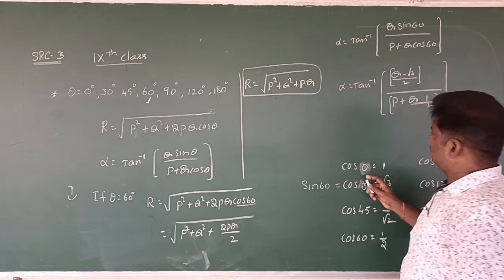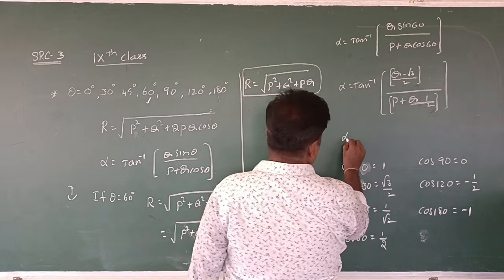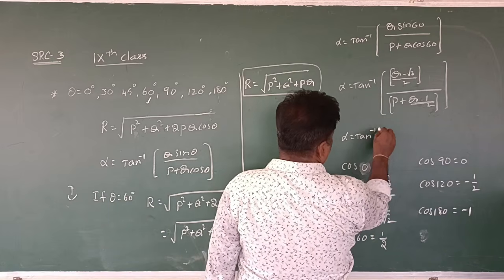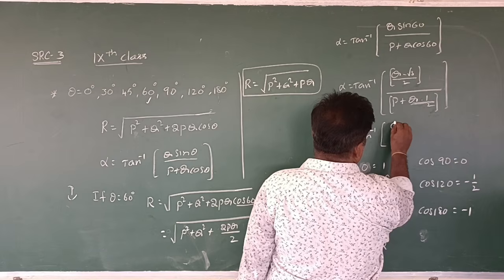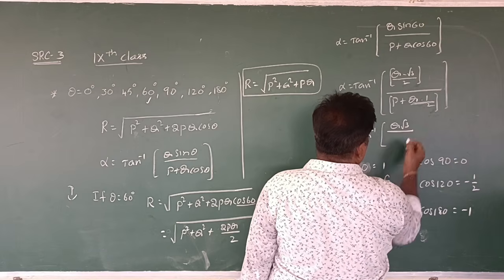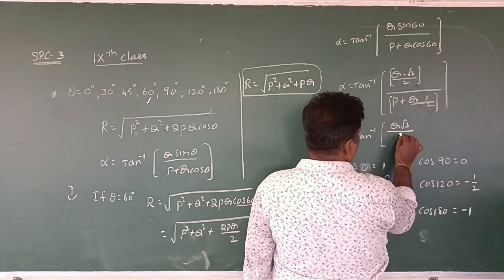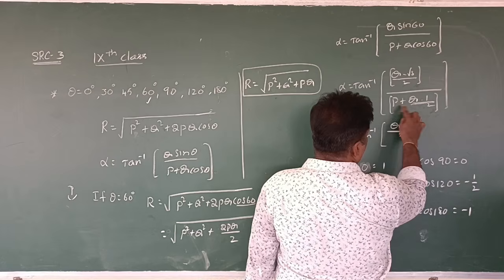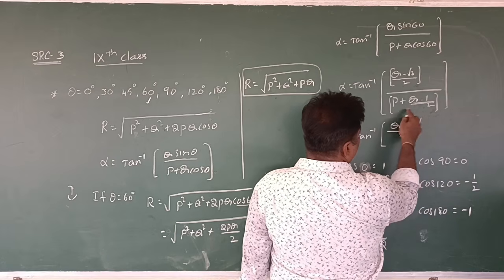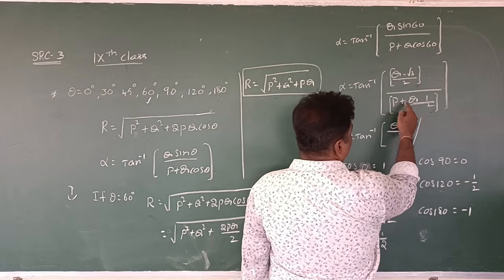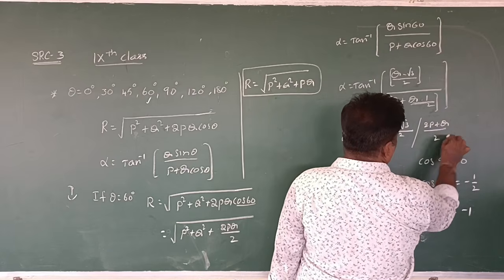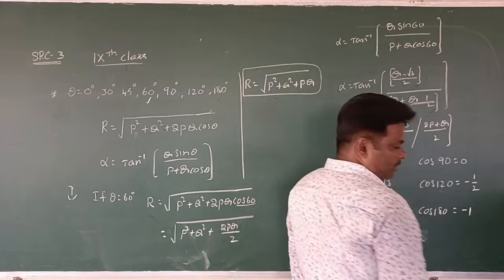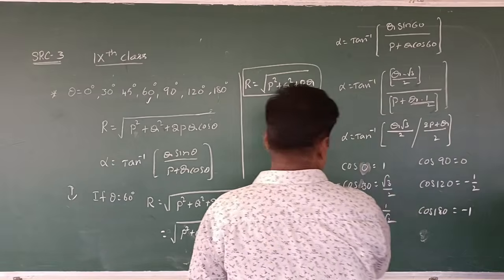Now alpha is equal to tan inverse of Q root 3 by 2, divided by, after cross multiplication with 2 into P, 2P plus Q whole divided by 2.